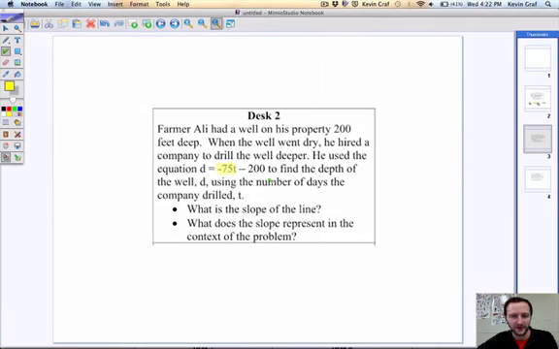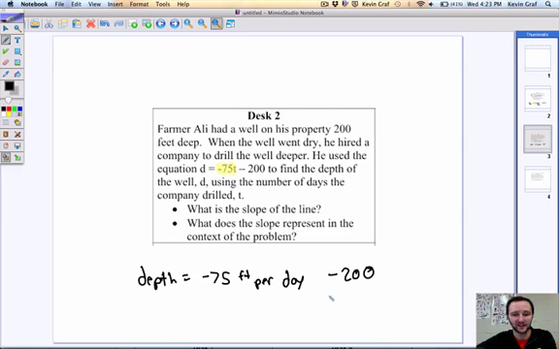So I'm looking, and I'm trying to decide what this means, and this problem is basically saying the well is already 200 feet deep, and he's going to hire this guy, and each day the well is going to get 75 feet deeper, because here's days right here, T. So what this is showing me is that the depth equals negative 75 feet per day minus 200, because that's how deep it already was.